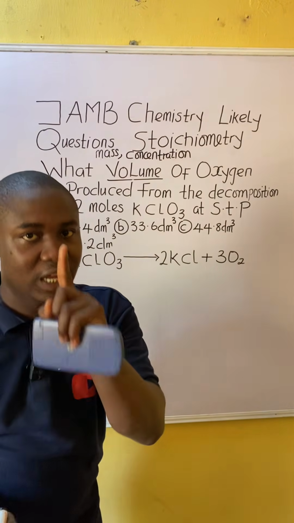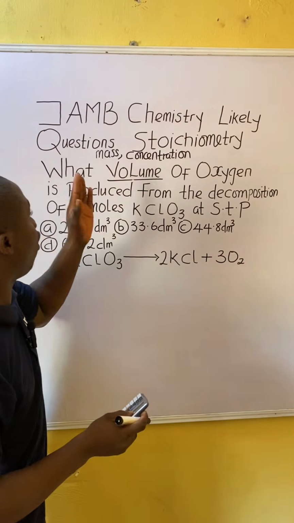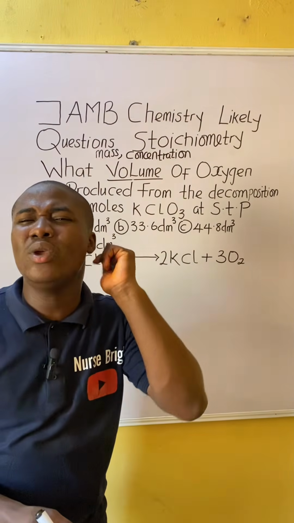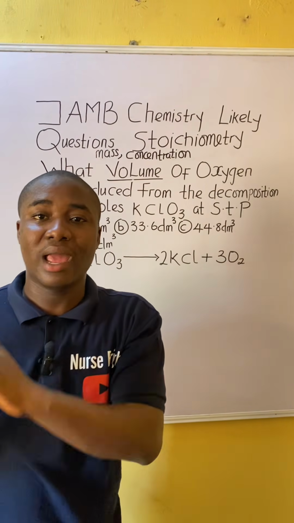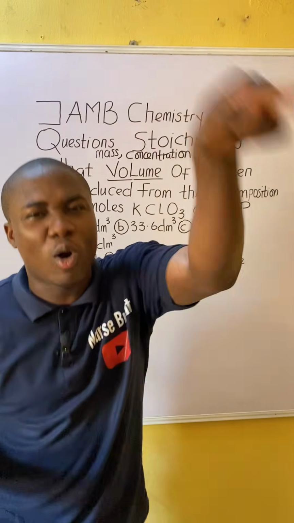But listen carefully, because there's something very important I have to tell you. So what volume of oxygen? In other questions you'll be solving, there may be other elements or compounds, but they said, what volume of oxygen?